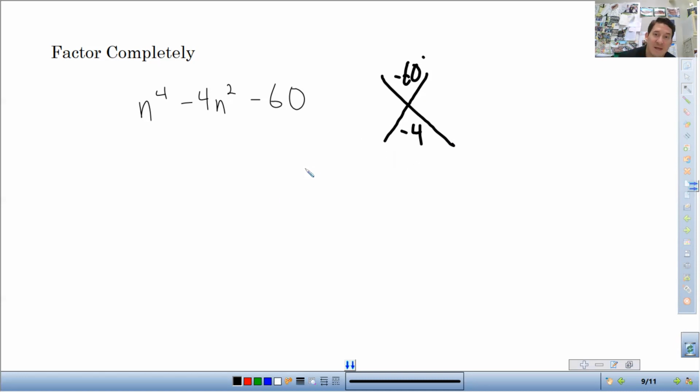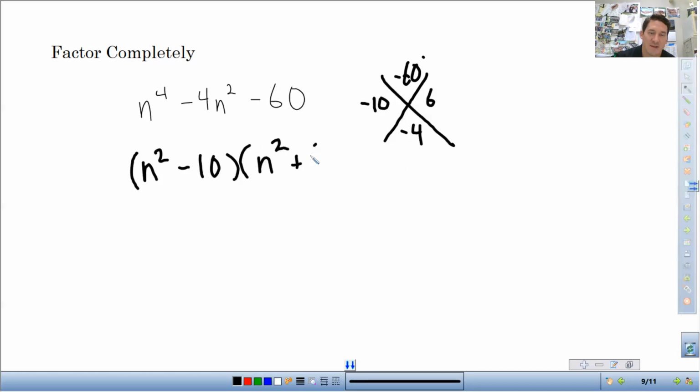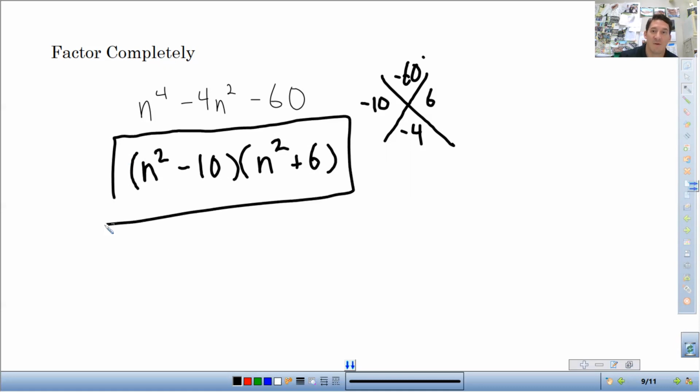That's going to be negative 10 and positive 6. So here, since it's an n to the 4th, that's going to be n squared minus 10, and then n squared plus 6. Check to see if there's any difference of squares, and there's not, so we are done with that right there.